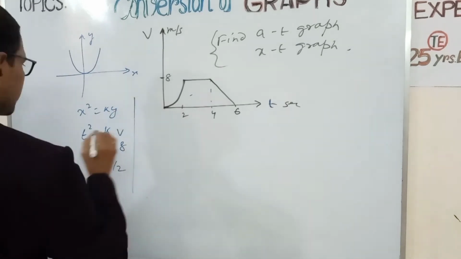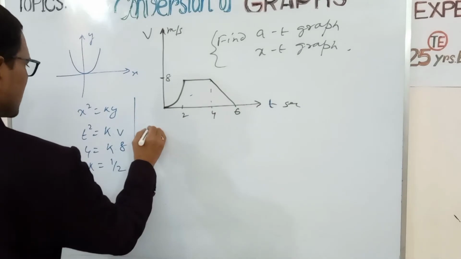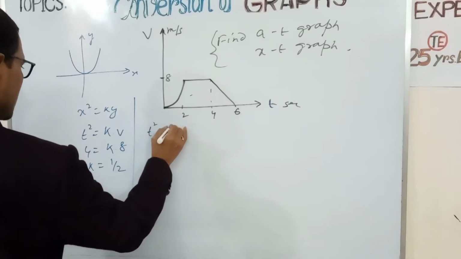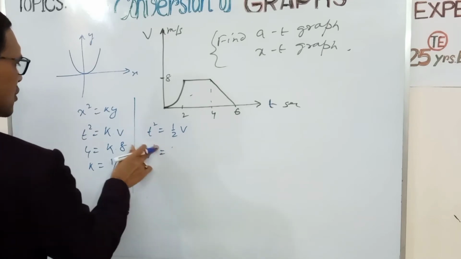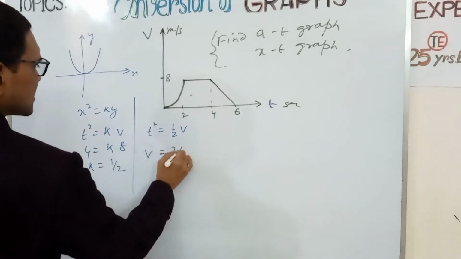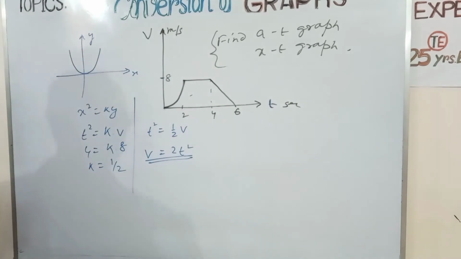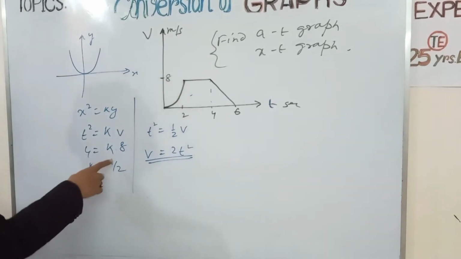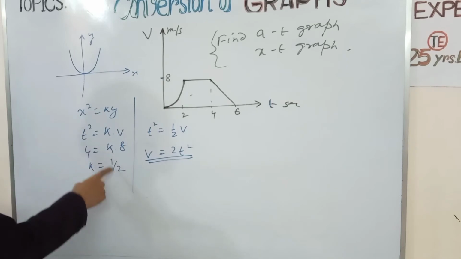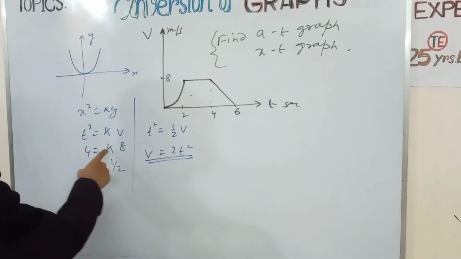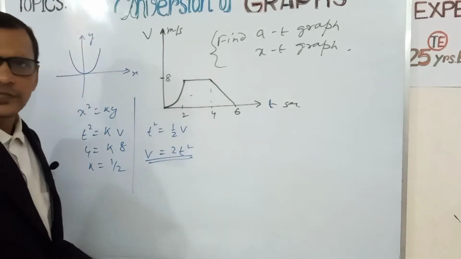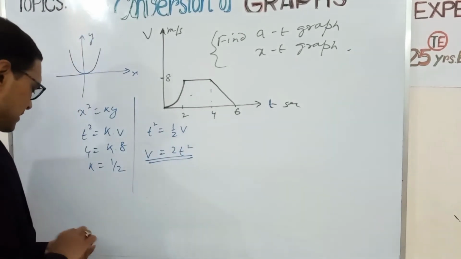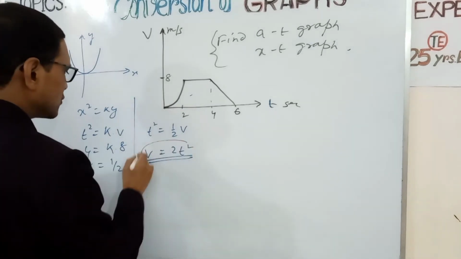So the equation is t square equal to half into V, that is V equal to 2t square. So this way we get the equation of the parabola.